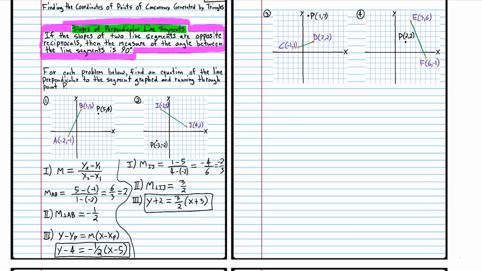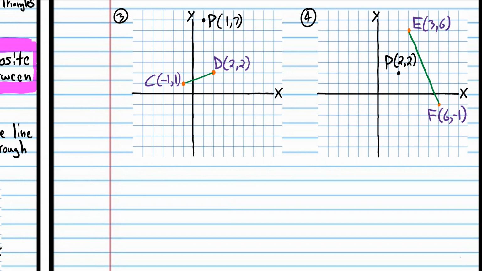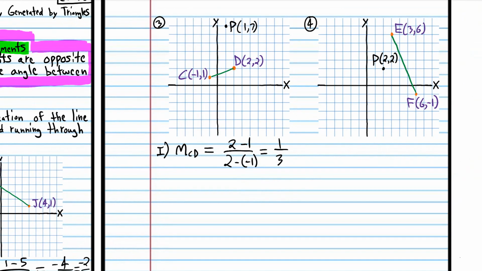All right, we're back. So step number 1, we're going to find the slope of CD. Using D as point 2, we have 2 minus 1 over 2 minus negative 1, and we have 1 over 3. And now we have to find the slope of the line that is perpendicular to CD.